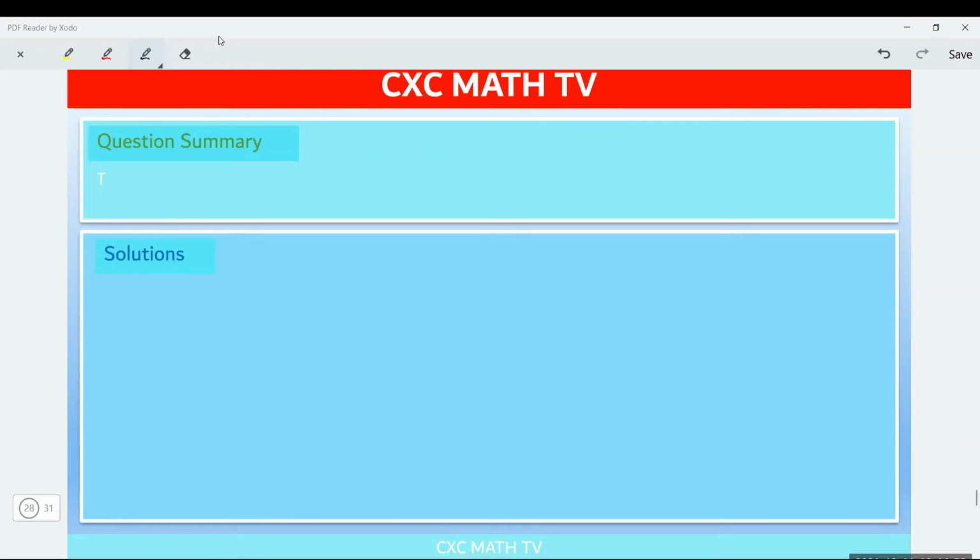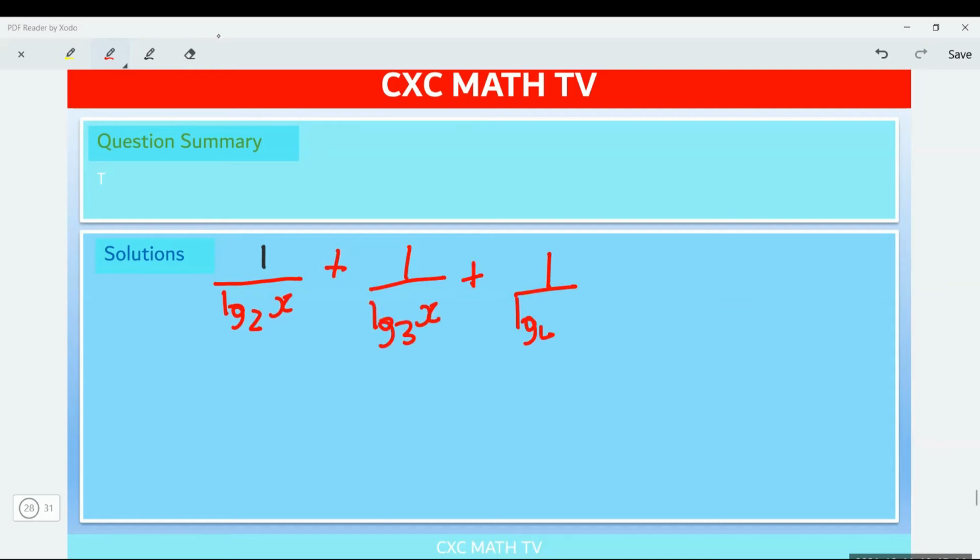We have 1 over log base 2 of x plus 1 over log base 3 of x plus 1 over log base 4 of x plus 1 over log base 5 of x, that is equal to 1.